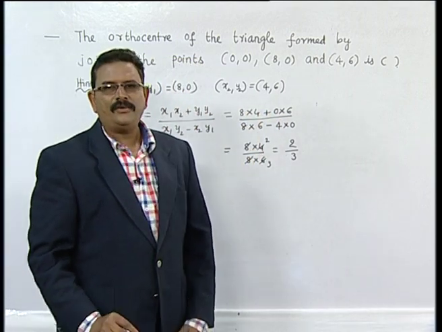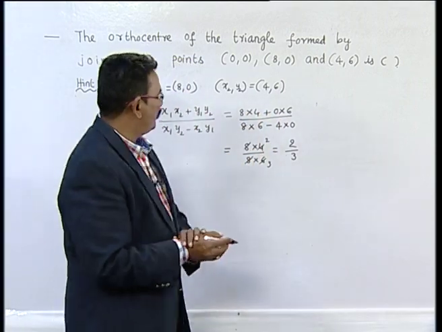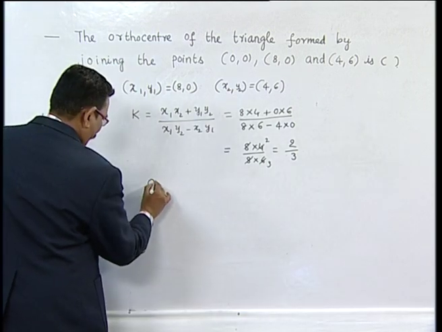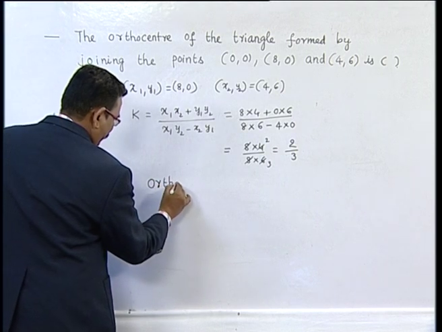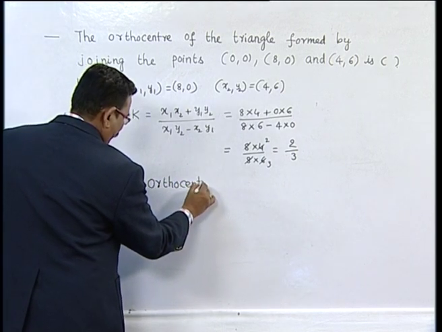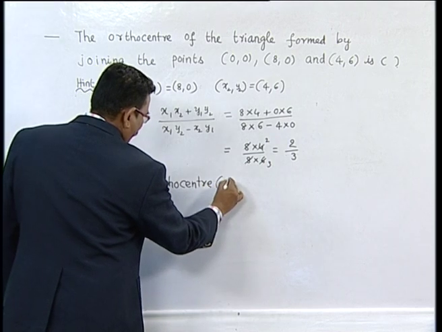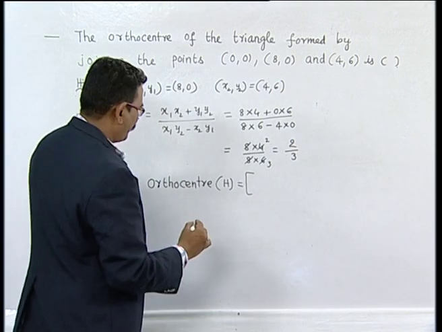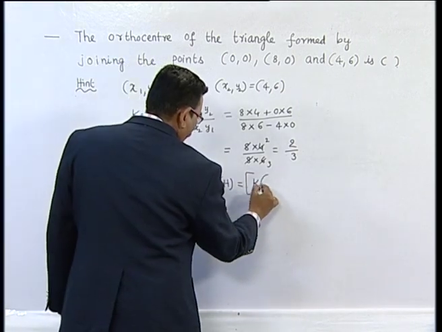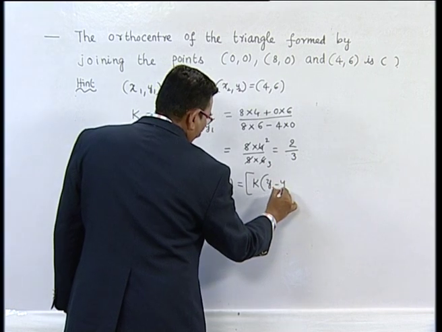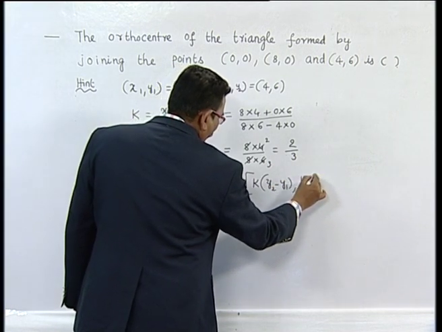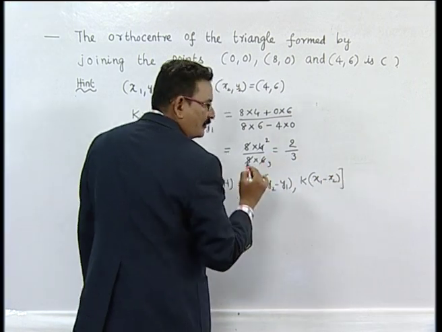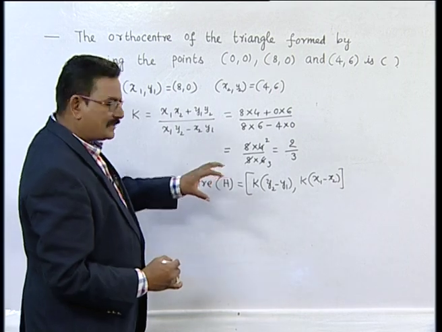Now, the k value has been determined. Easily we can find the orthocenter. H is given by the formula we have already discussed: k multiplied by y2 minus y1, comma, k multiplied by x1 minus x2. Let us replace the respective values.